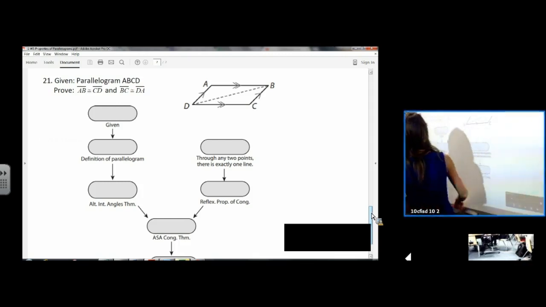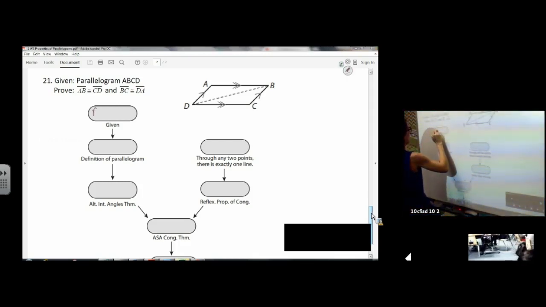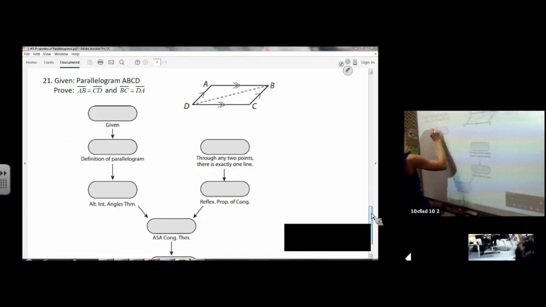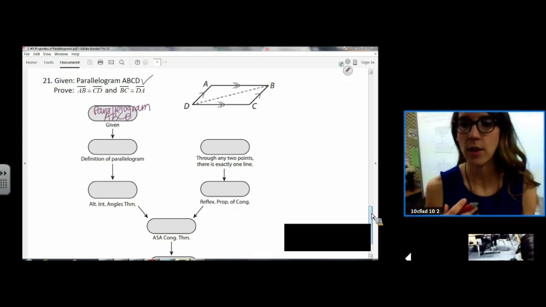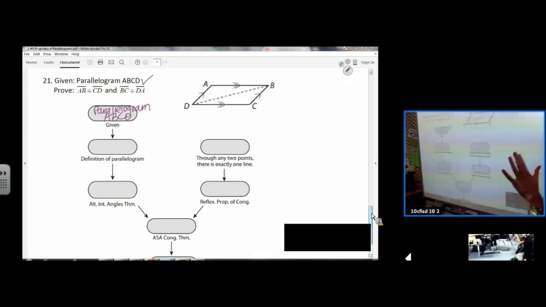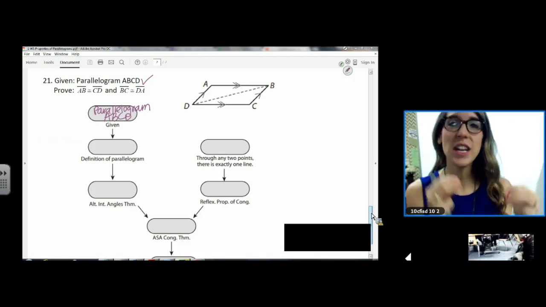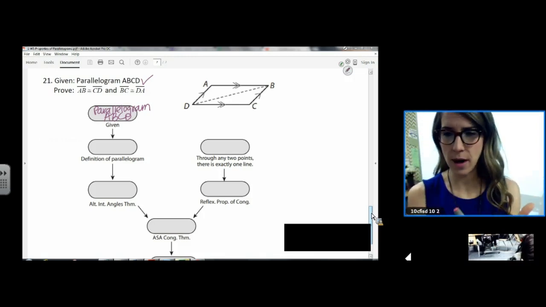So we are given, oops, that's a B, parallelogram ABCD. Check. I started with the given, so we know it's a parallelogram. All right, the next one says we need to make a statement, and our reason is going to be definition of parallelogram.